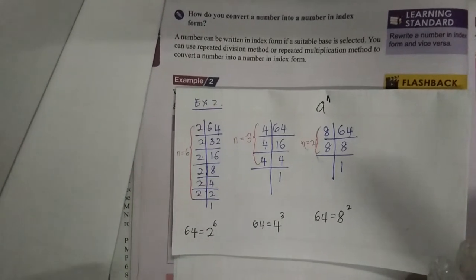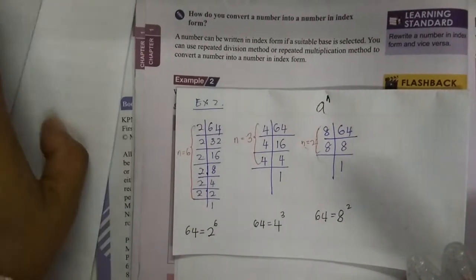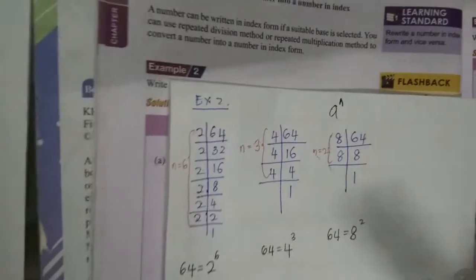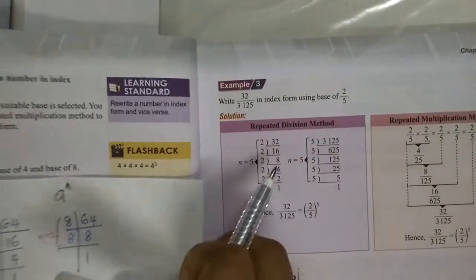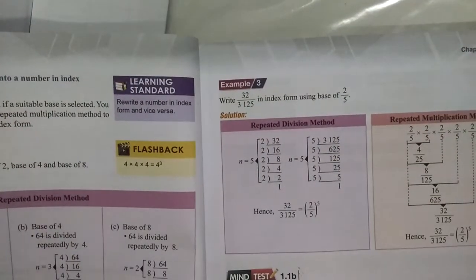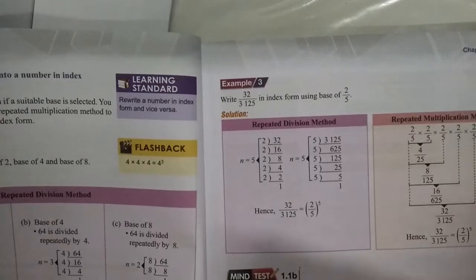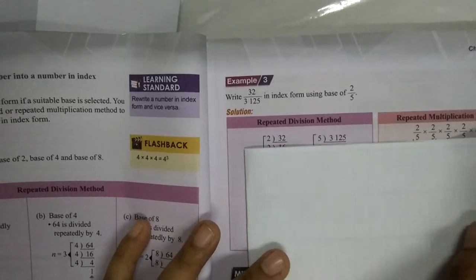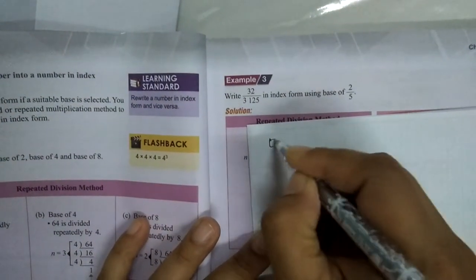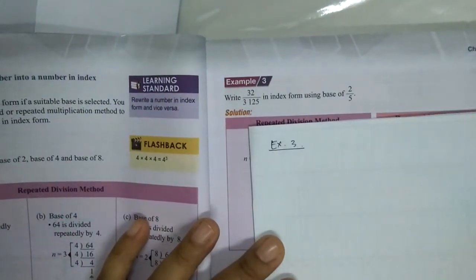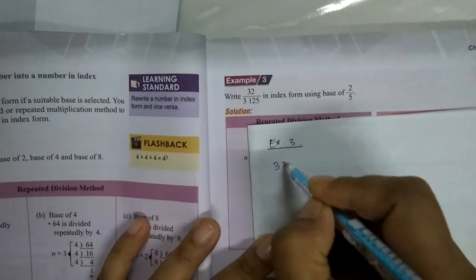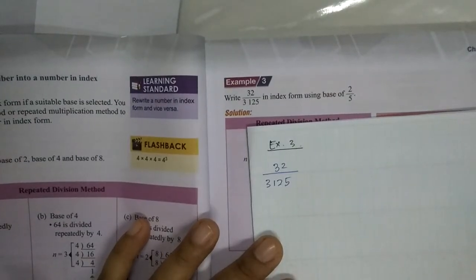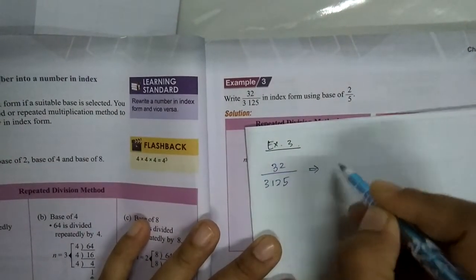Next, example 3. Write 32 over 3125 in index form using base 2 over 5.